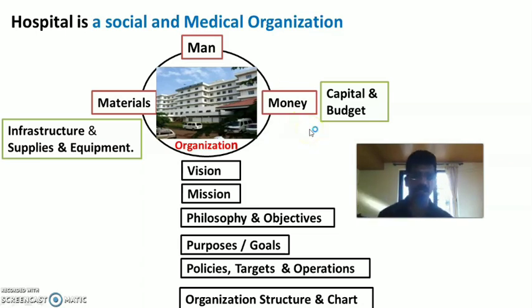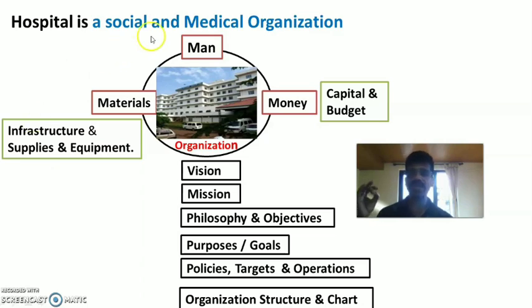Money is needed to start the hospital; we need cash, that is capital and budget, for rendering the various facilities in the hospital. That is the second resource. The third resource is material, that is facilities, infrastructure, building, supplies and equipment to render quality and comprehensive nursing care.